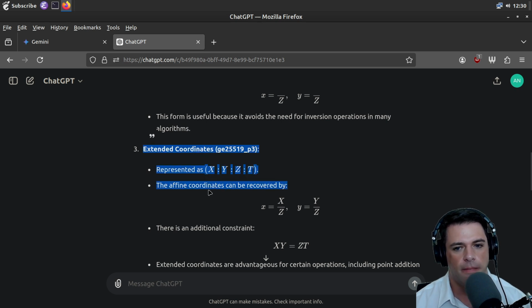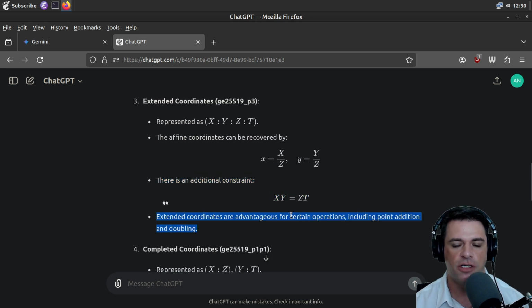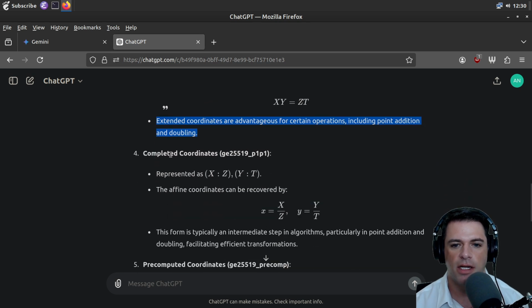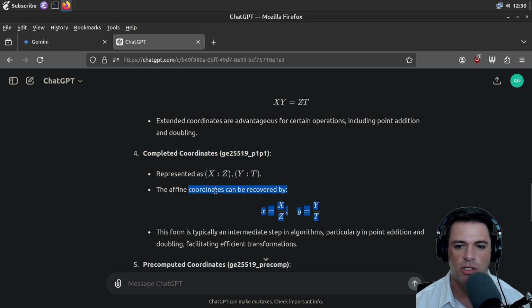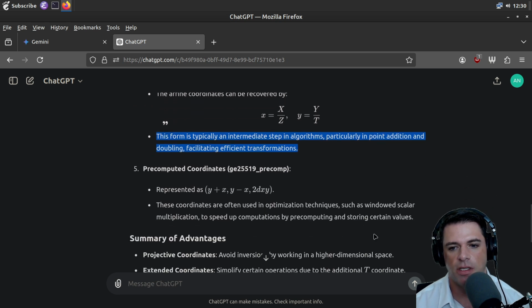Extended coordinates. The affine coordinates can be recovered by these things with the additional constraint xy equals et. Extended coordinates are advantageous for certain operations, including point addition and doubling. Then completed coordinates, which are just the equations we saw. This form is typically an intermediate step in algorithms, particularly in point addition and doubling, facilitating efficient transformations.